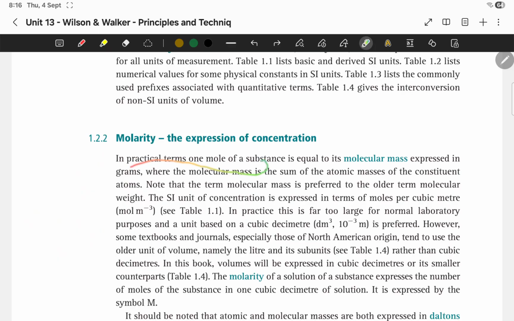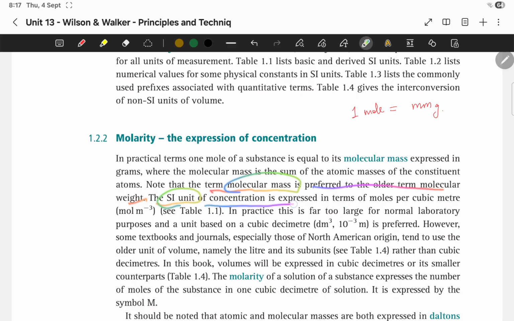So in practical terms, one mole of a substance is equal to its molecular mass expressed in grams. It's a weird way of saying it, but okay, I'll go for it. The molecular mass is the sum of the atomic masses of the constituent atoms, so the term molecular mass is preferred to the older term molecular weight.